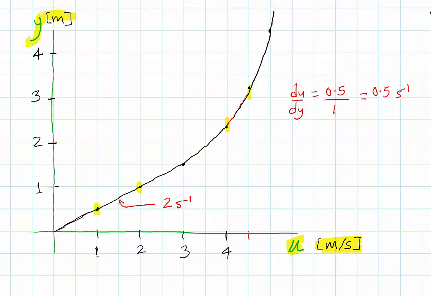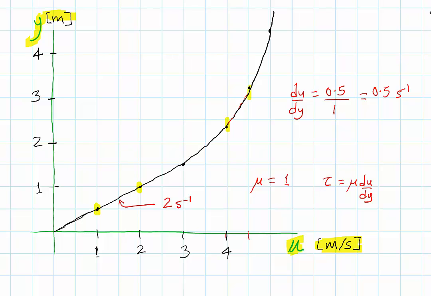So if this is a Newtonian fluid with a given dynamic viscosity, for example, if the dynamic viscosity is equal to 1, then the shear stress, which is measured in pascals, is equal to mu times du/dy.